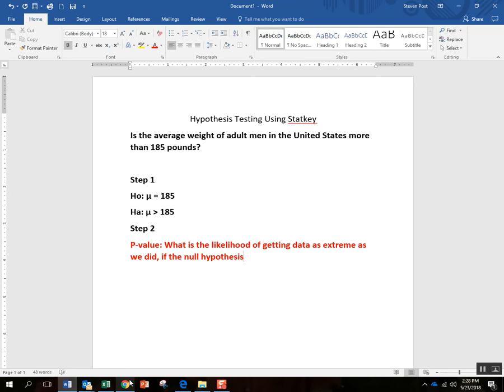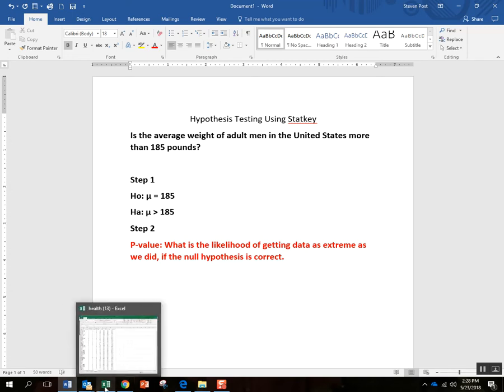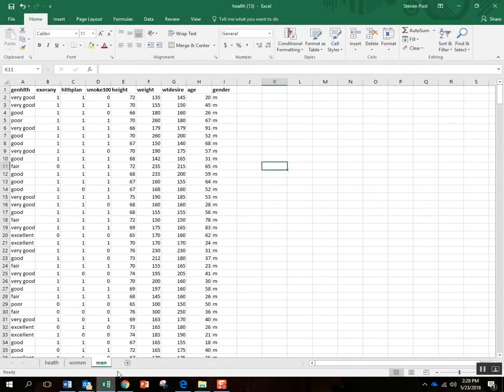So we're going to look at the weights of the men in our health data and look at their average weight. In fact, let's do that now. So here's our health data. We're in the men sheet, so here's the weight of men.